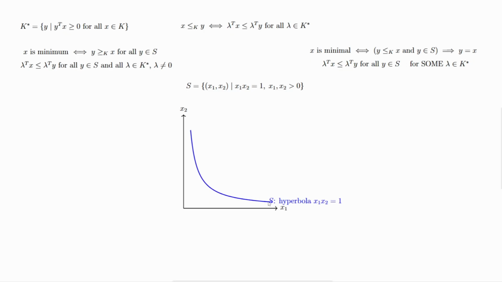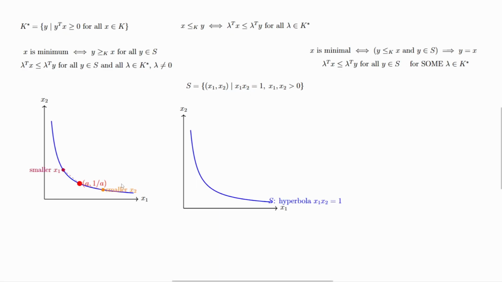Is there a minimum? And if there is, what is it? For a point to be a minimum, the entire hyperbola must lie in that point plus the positive R2. But wait a second.